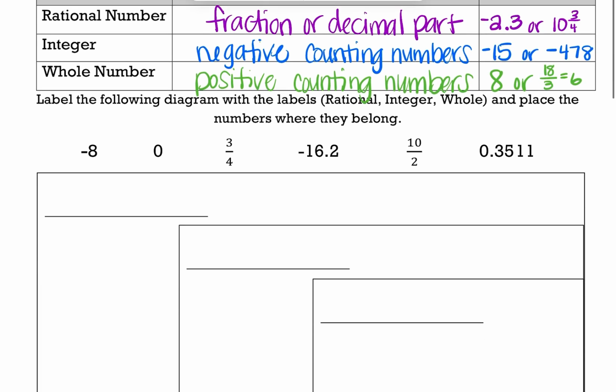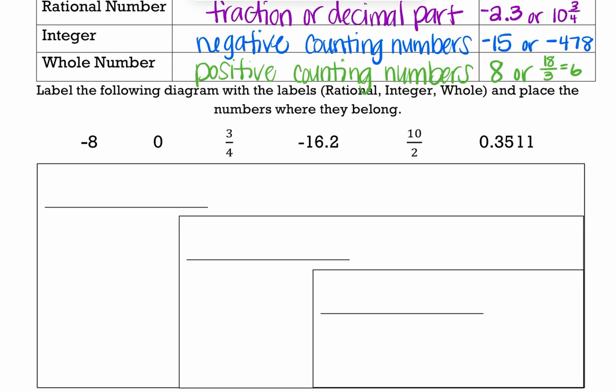It says label the following diagram with the labels rational, integer, and whole. We said rational is our outside section, and remember what goes here are going to be our fractions or our decimals. So I'm going to look at my list up here at the top, and I'm going to grab anything that's a fraction or a decimal.